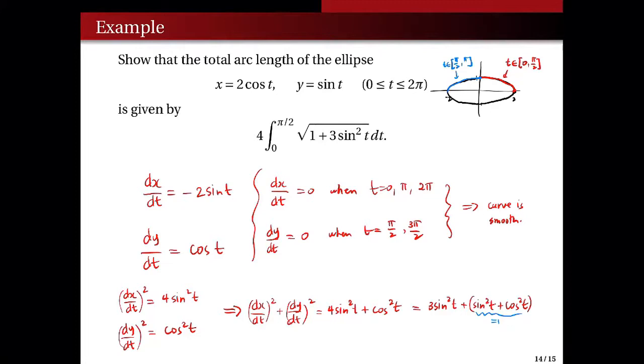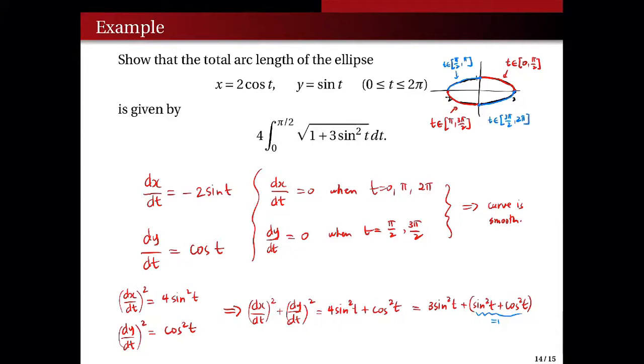And then from this point up to this point, the interval for t is from pi up to 3 pi over 2. And from this point up to this point, the interval for t is from 3 pi over 2 up to 2 pi. So that's the full ellipse.